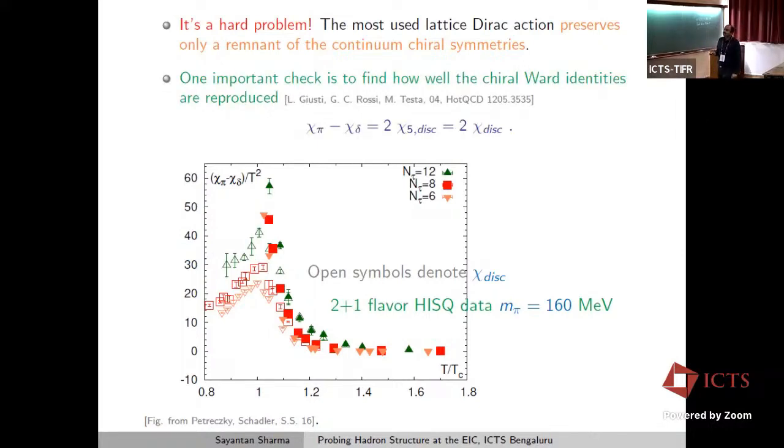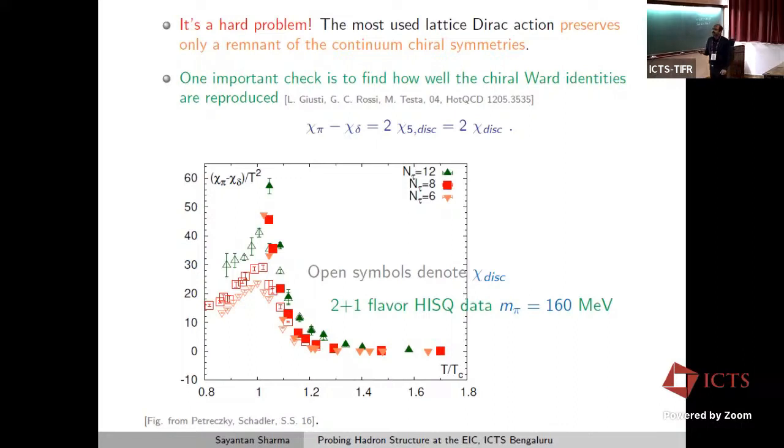So in the chiral symmetry restored phase, chi pi minus chi delta, where chi pi means the 2-point correlation function of the pion integrated over the space-time volume, minus chi delta, should be equal to the disconnected part of the chiral susceptibility. So the disconnected part comes from the correlation function of the chiral condensate.